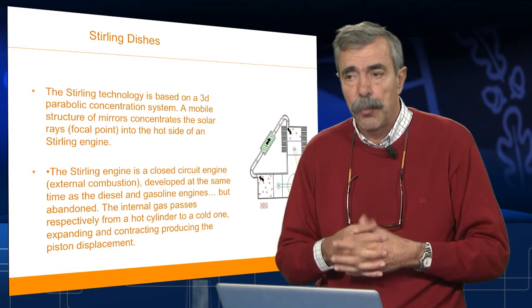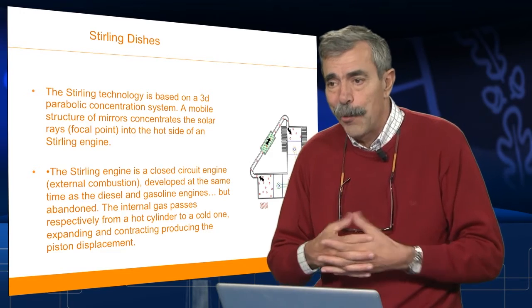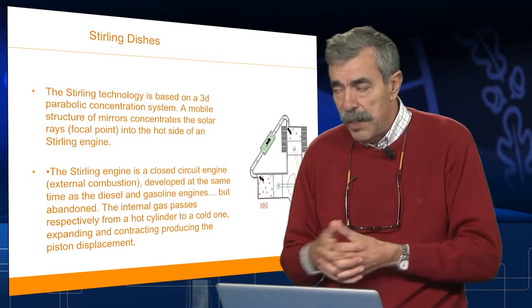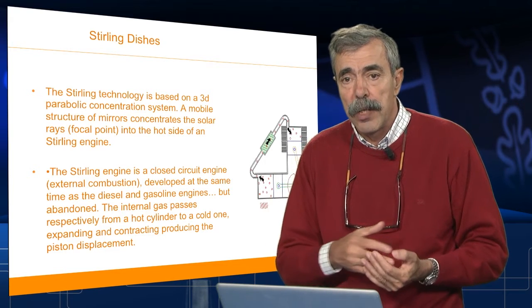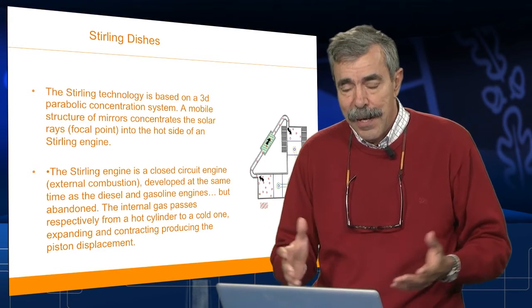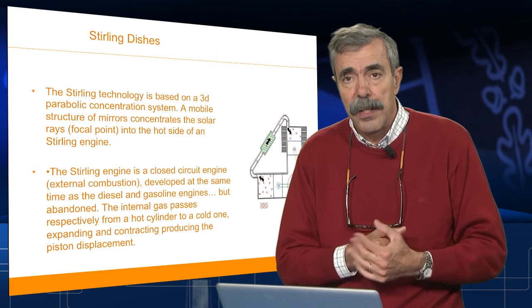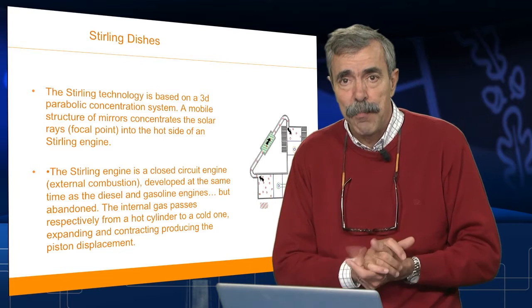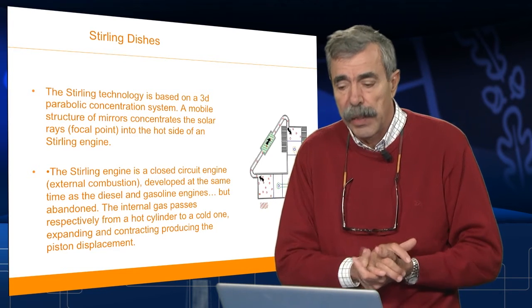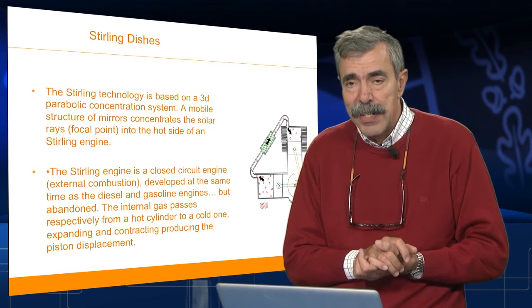So let's say that the automotive industry and the aeronautic industry have been using I don't know how many millions of diesel or gasoline engines, and maybe in total only 60 or maybe 100 Stirling motors have been constructed for very specific applications. But it's a very interesting engine.